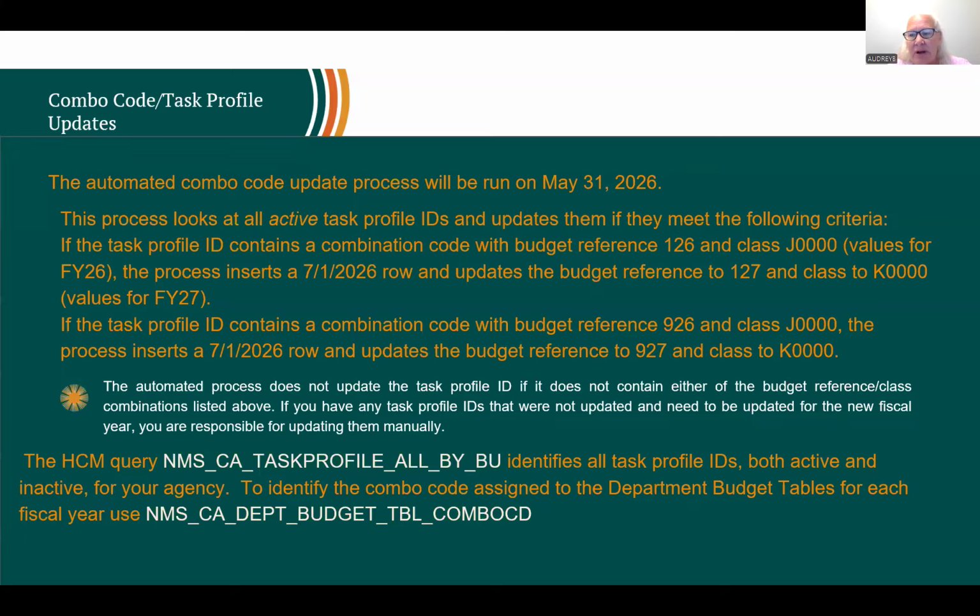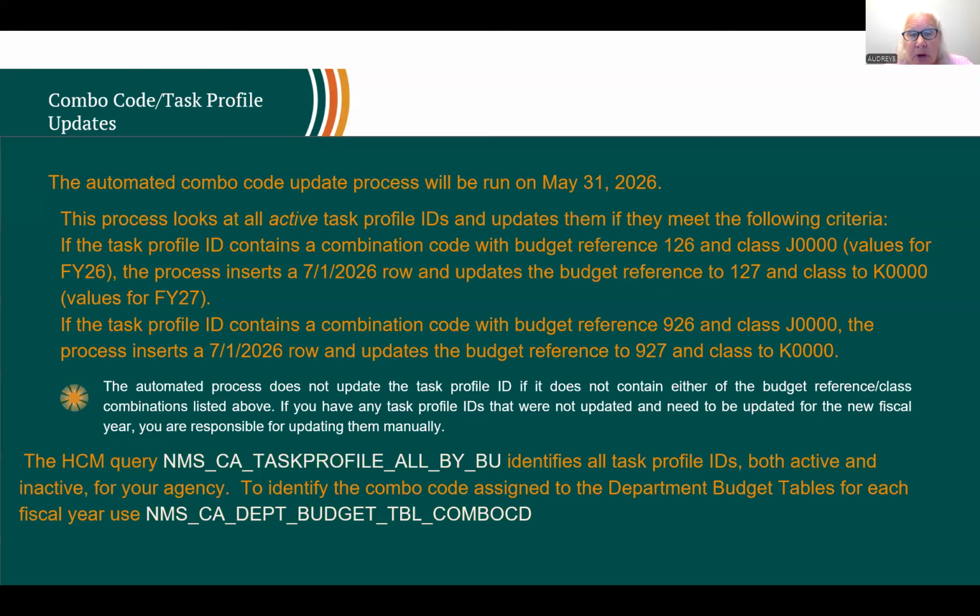And this is very, very important, because when we get to our payroll journals, if the task profile has not been updated, it will only post that information as long as FY26 is open, and it will post it in the incorrect year.